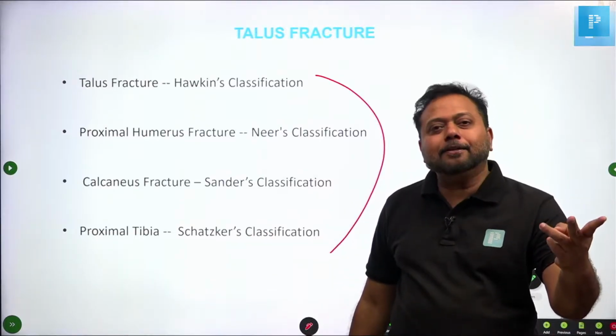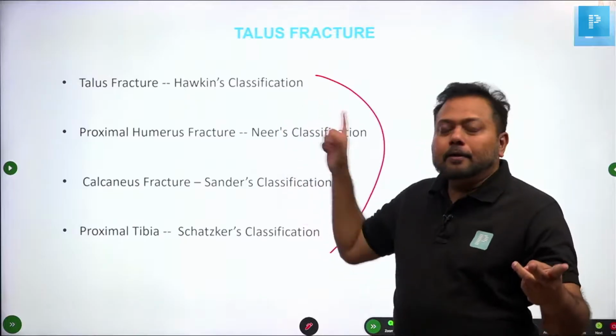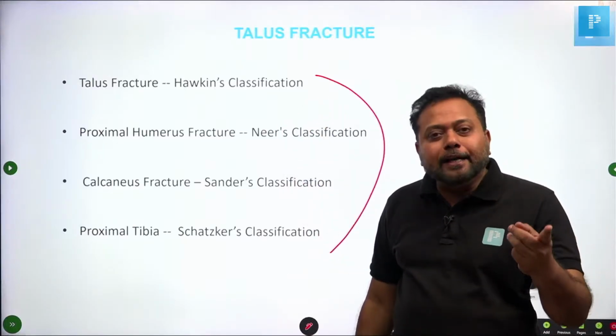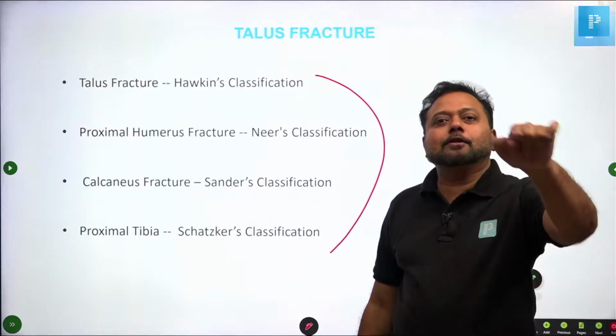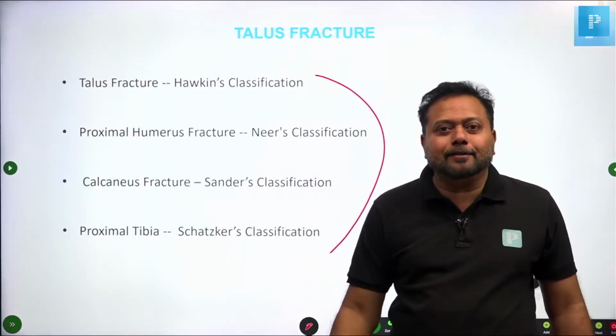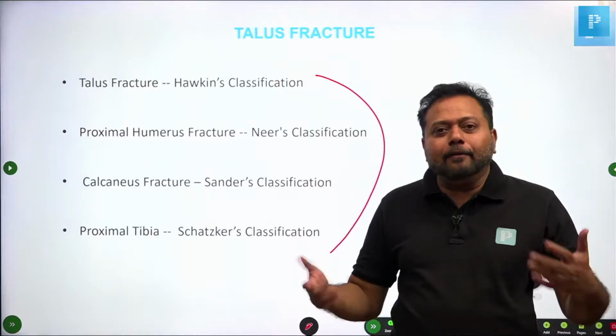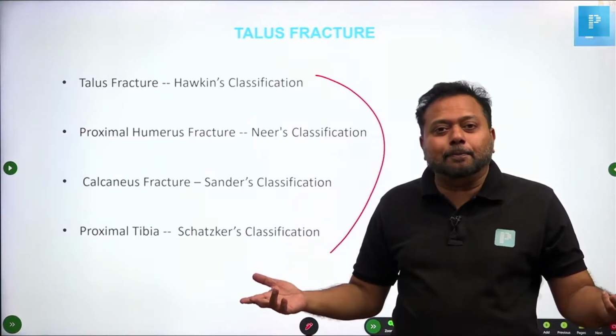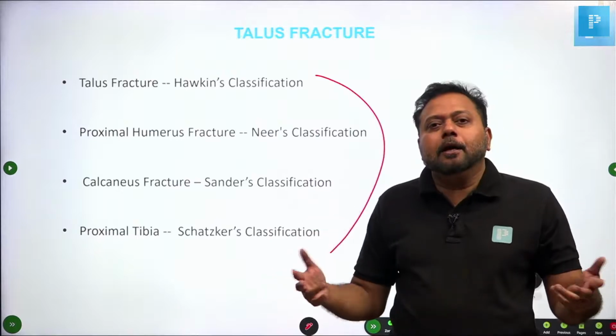Hawkins classification is for fracture talus. Hawkins disease is avascular necrosis of talus. Hawkins sign is a good prognostic indicator in talus fracture. So wherever the word Hawkins comes, it is talus.